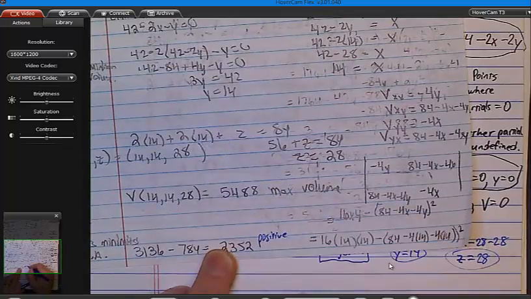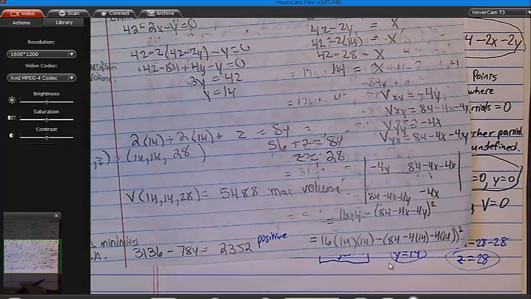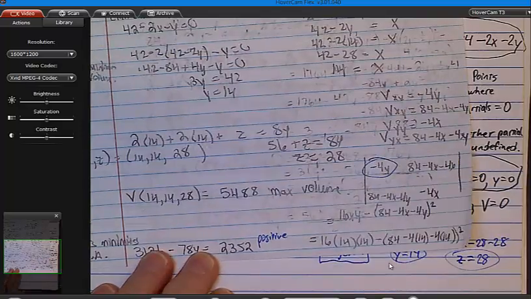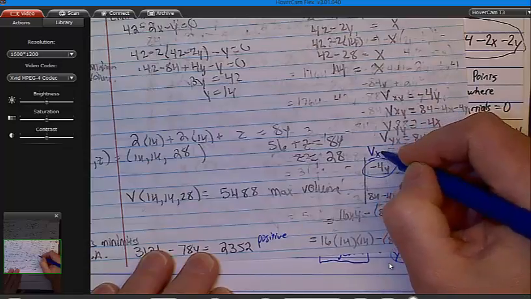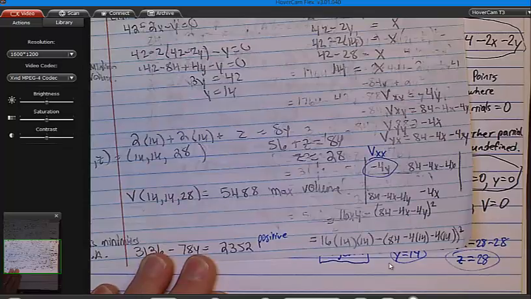And if it's positive, we know that this point is either a relative max or a relative min. And how do we figure out what kind it is? Well, I tell people, just look at that part. This is what you might call Vxx, the second partial with respect to x twice.